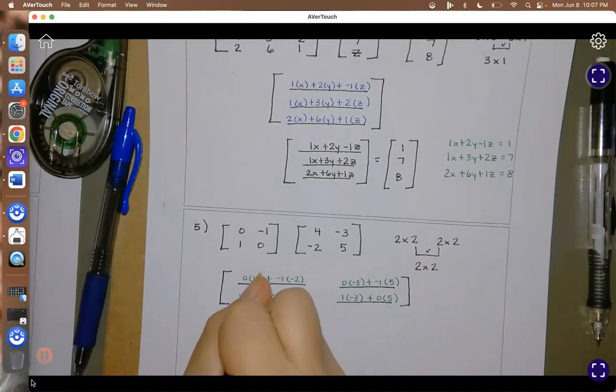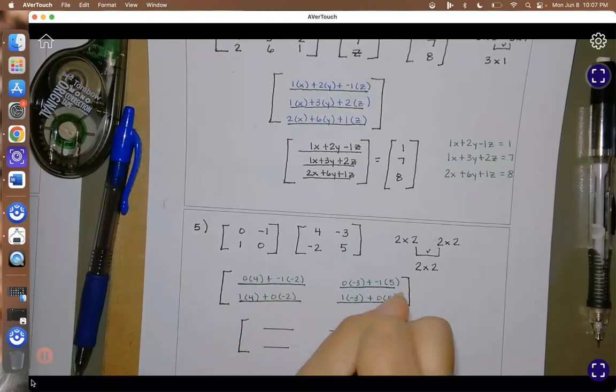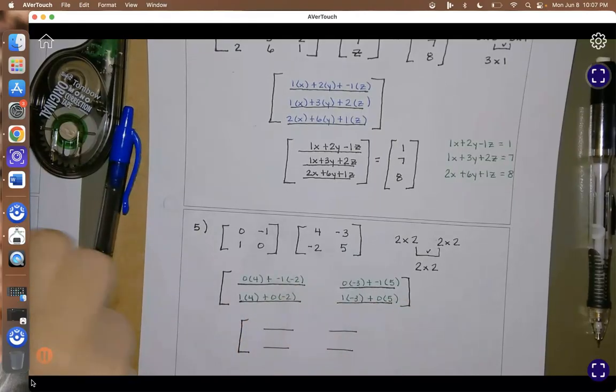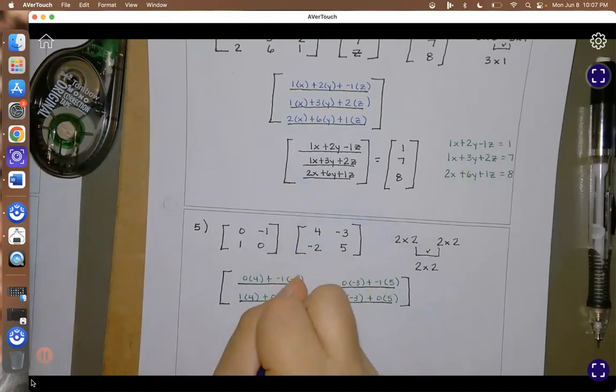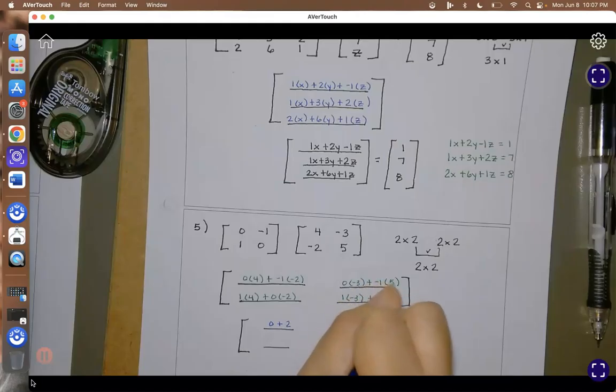All right, so this leads me to 0 plus 2, 0 plus -5, 4 plus 0, and -3 plus 0.